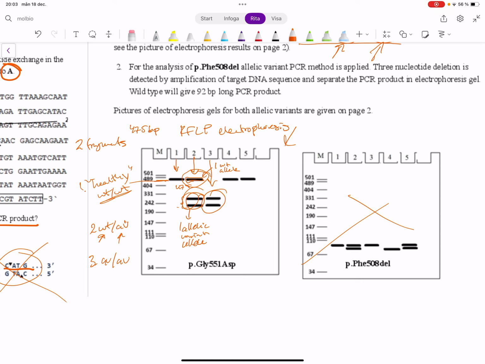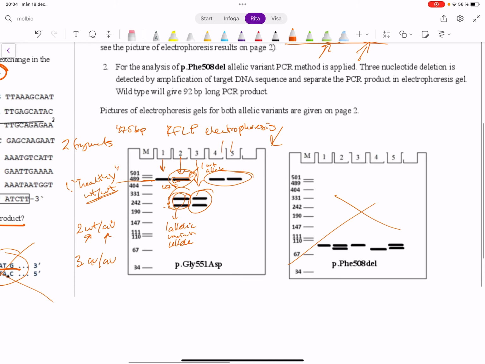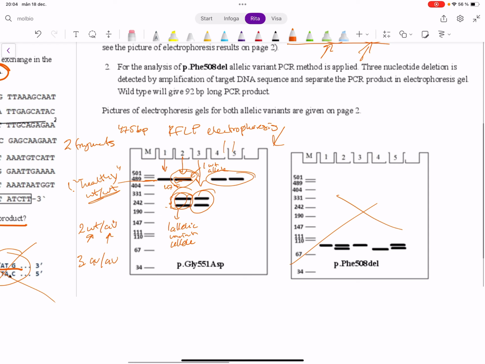And on patient number 4 and 5, you can see that both are wild type, because the restriction endonuclease has found nothing to cut. So that would be that.